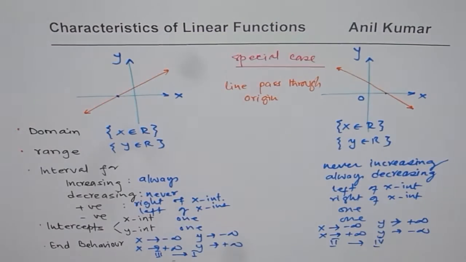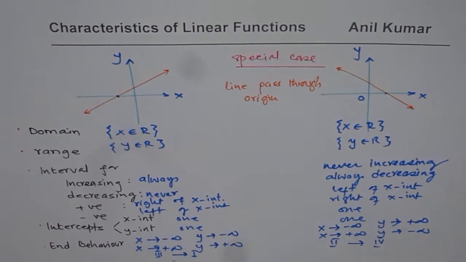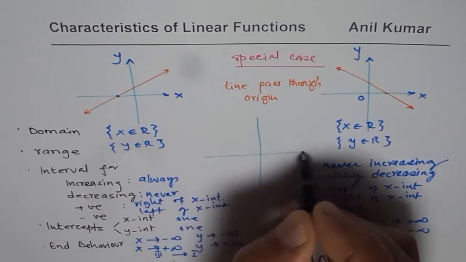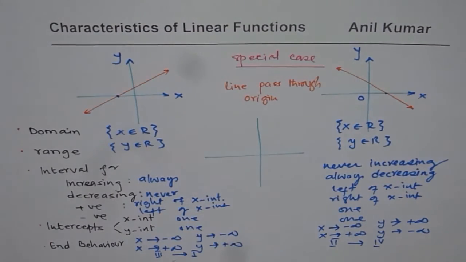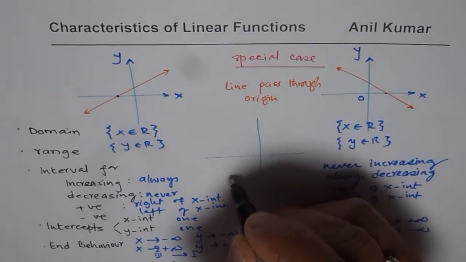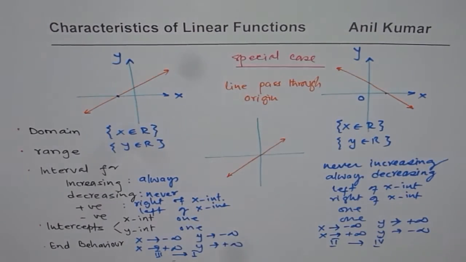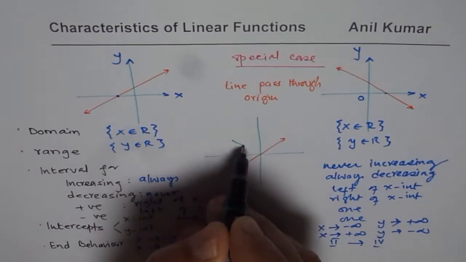That is to say, what happens to the characteristics, how the characteristics will be different when we have a case when the line is increasing and going through the origin, like this, or when the line is decreasing and going through the origin, kind of like this.